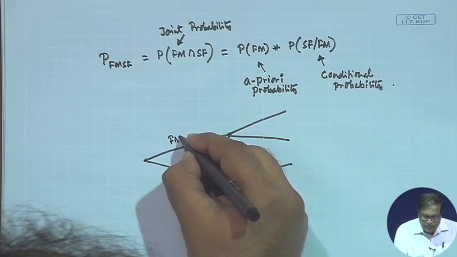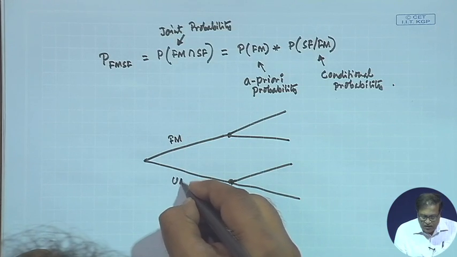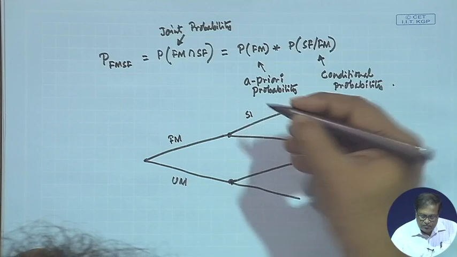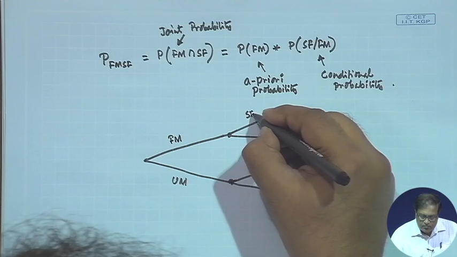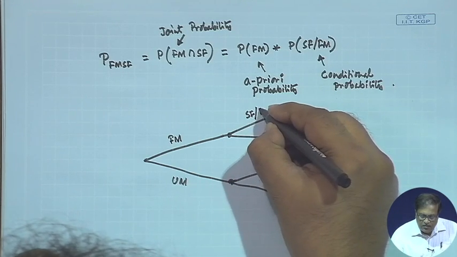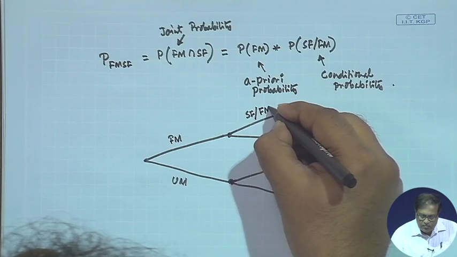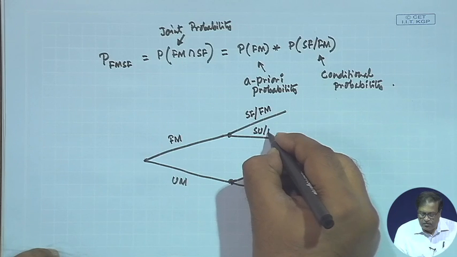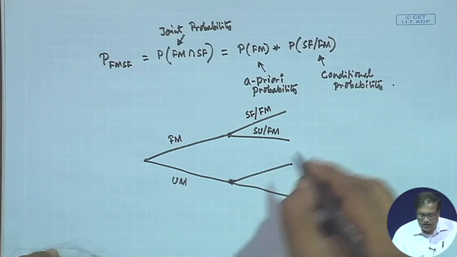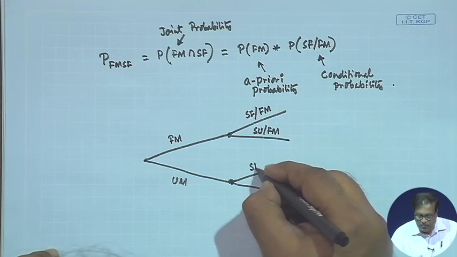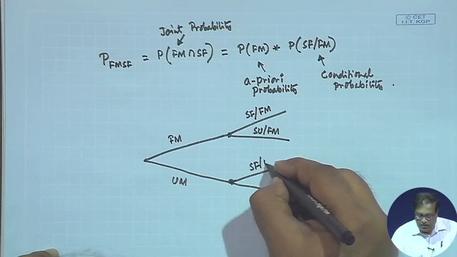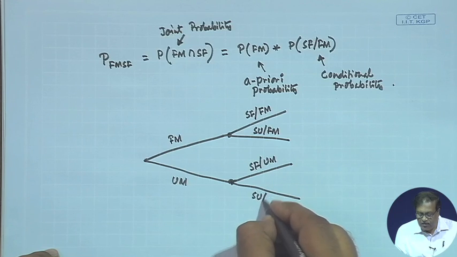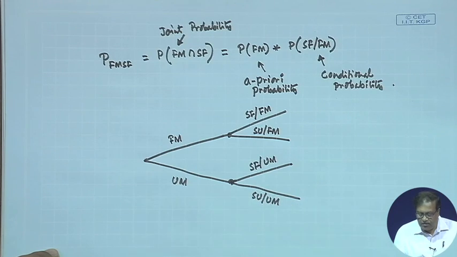So, this is favorable market, this is unfavorable market, this is survey favorable given favorable market, this is survey unfavorable given favorable market, this is survey favorable given unfavorable market, and this is survey unfavorable given unfavorable market.